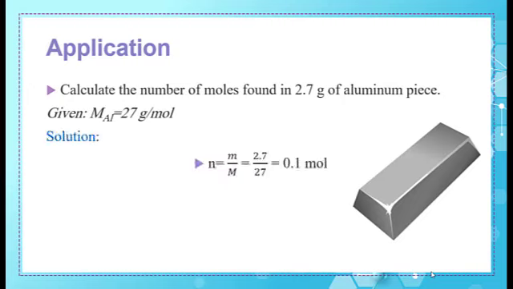We write the rule n equals m over molar mass. We substitute the mass, which is given as 2.7 gram, and the molar mass, which is also given, 27, to get the answer 0.1 and the unit mole.